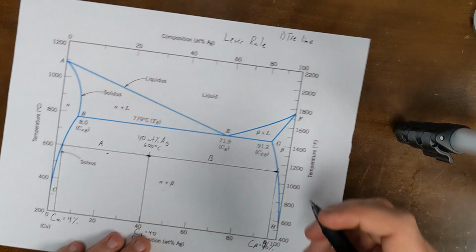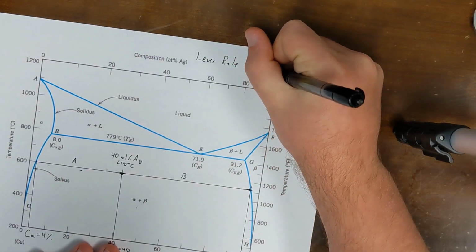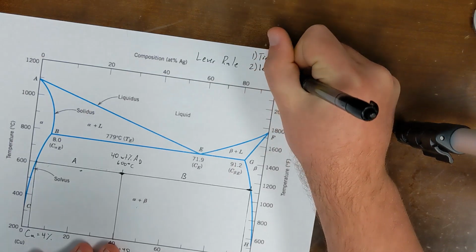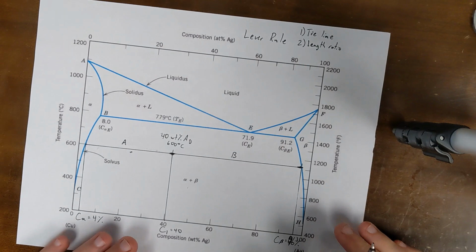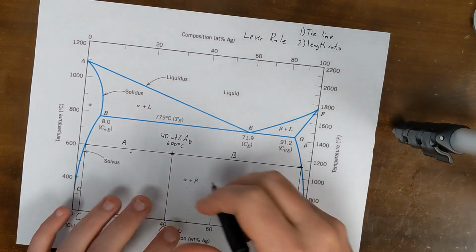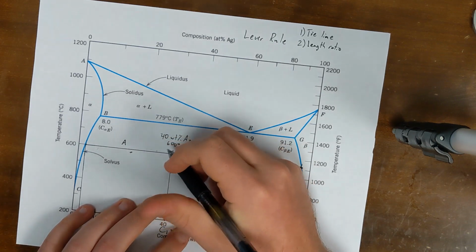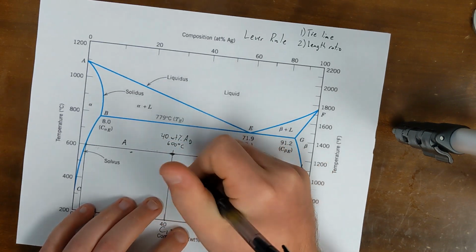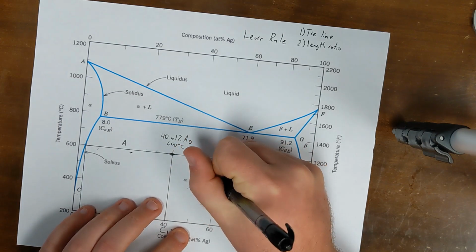So the lever rule, basically it is a length ratio equation. The way the lever rule works is it's kind of like a seesaw. You basically say how close you are to one side versus the total length of the sample. So the basic system is the fractional amount.